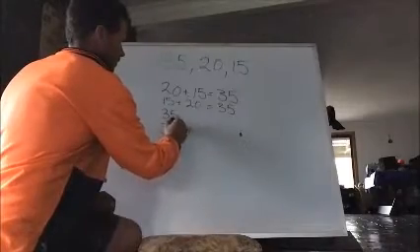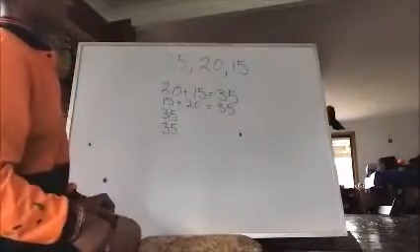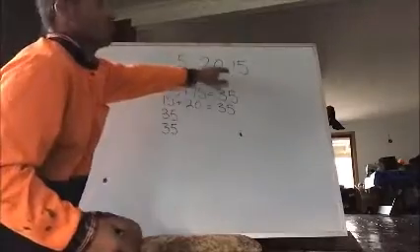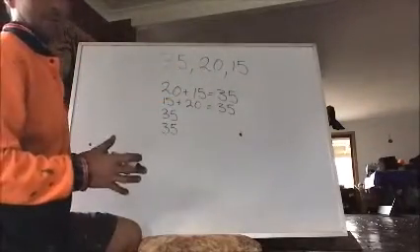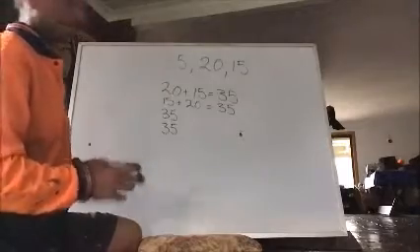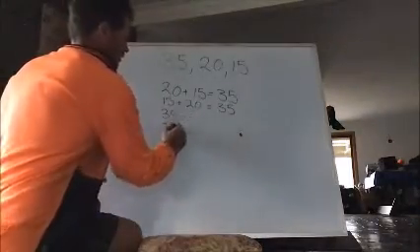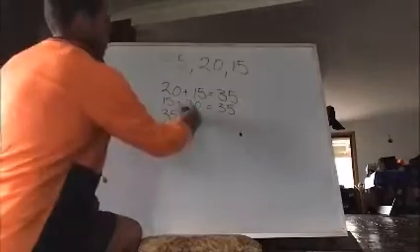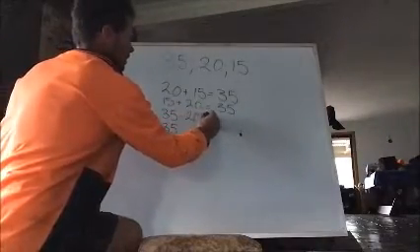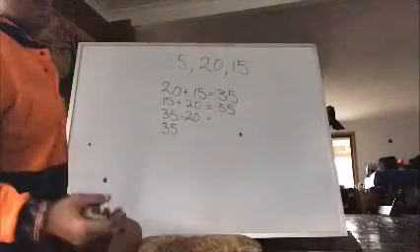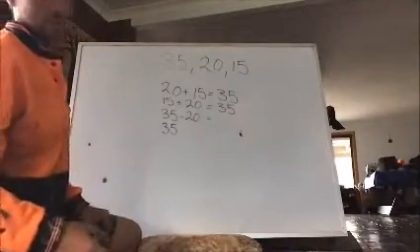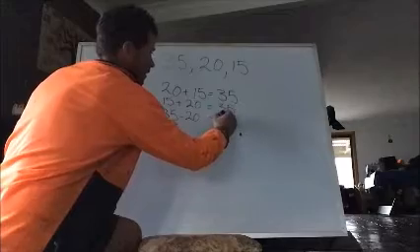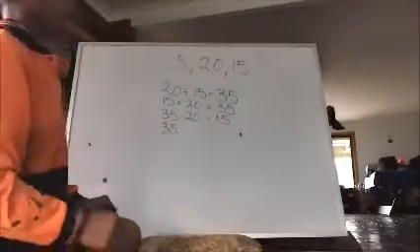We know we have to use 20 and 15, because they are part of our family. We cannot put any other numbers in there. So 35 subtract 20. You may not know the answer, but there's only one thing it can be, because the only number we haven't used is 15. So we put 15 down there.